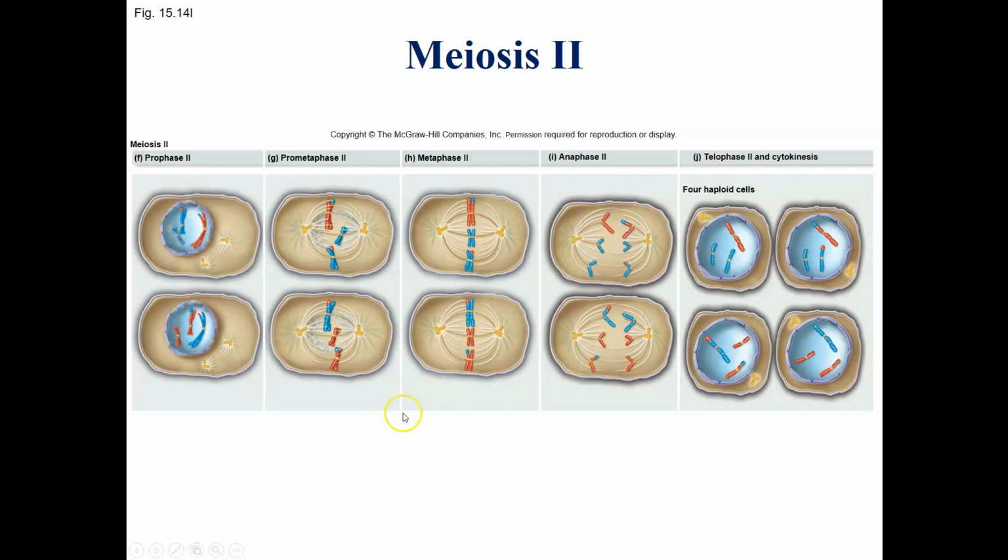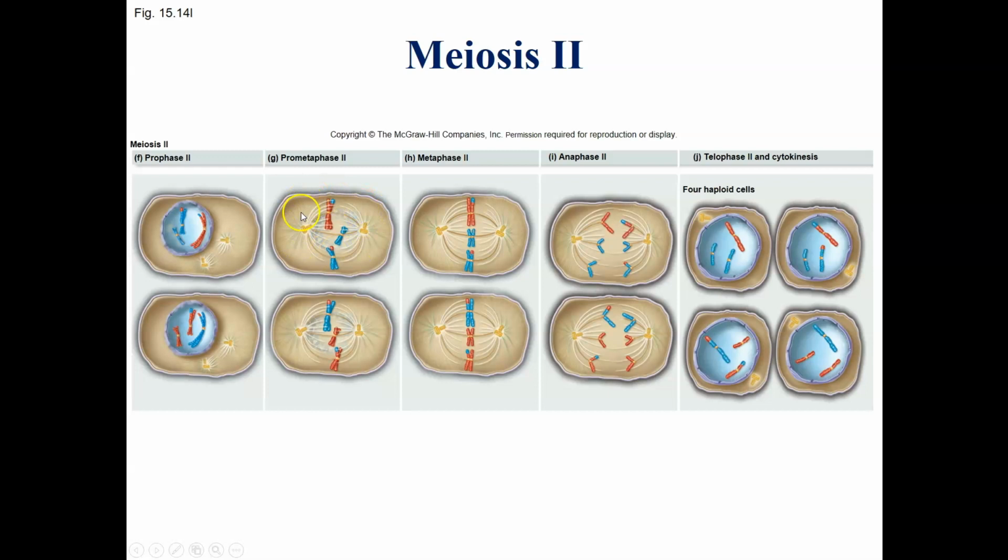So here is what it looks like during prophase 2. So remember, at the end of meiosis 1, we have already generated 2 cells that are each haploid. So now what we have is 2 cells entering into prophase 2.